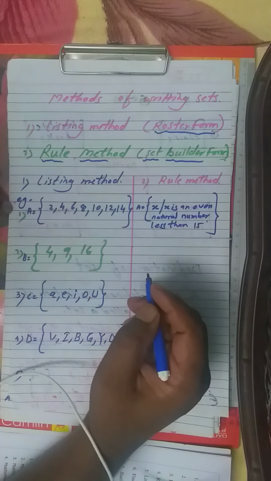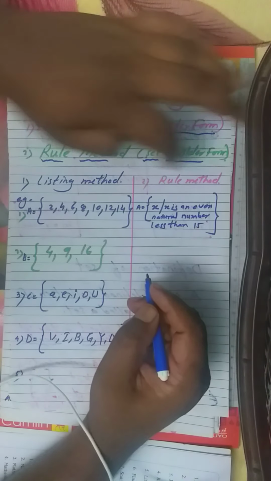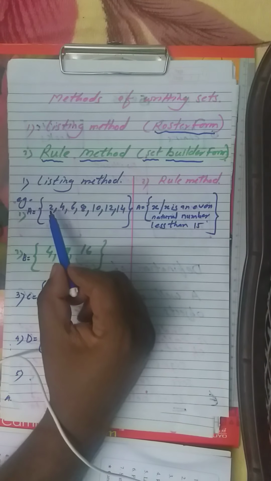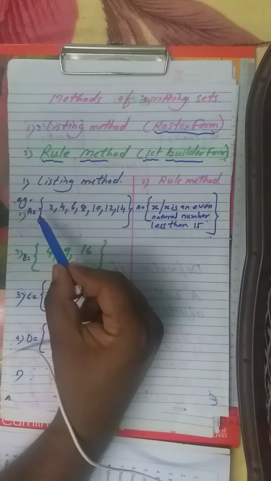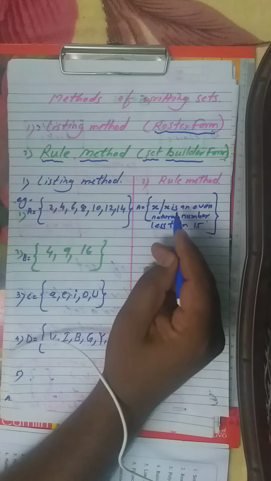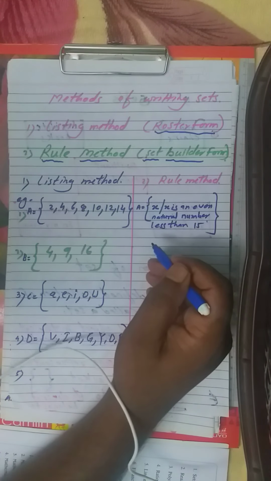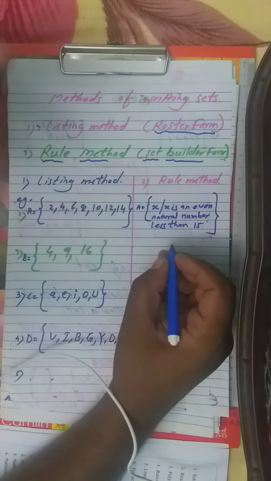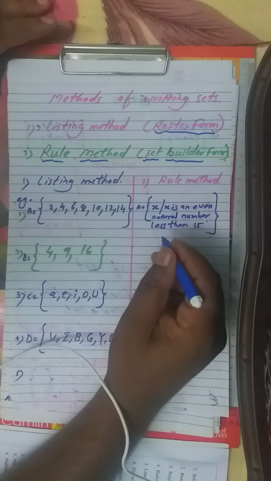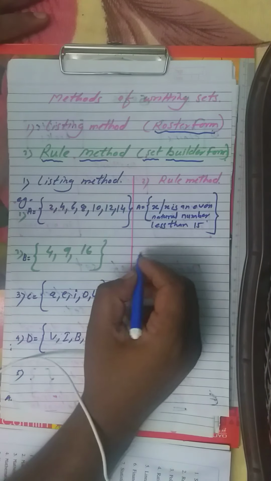Now this shows the listing method, and this is called the rule method. In the listing method, we have to write each and every element inside the set, but in the rule method we have to assume a restriction, identify how many elements are given in the listing method, and make this type of sentence. Now we will see the next example.